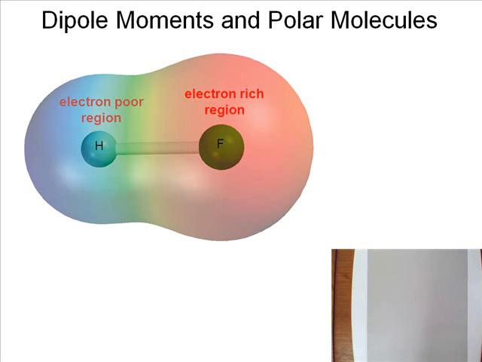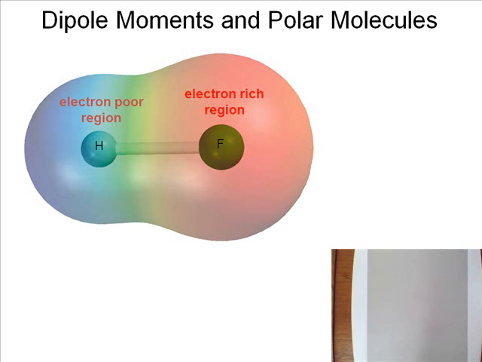Now it turns out that the nucleus of atoms have an ability to attract electrons. It's part of the positive aspect of the nucleus. But what happens is, in this diagram, a hydrogen atom does not attract electrons as well as the fluorine atom.